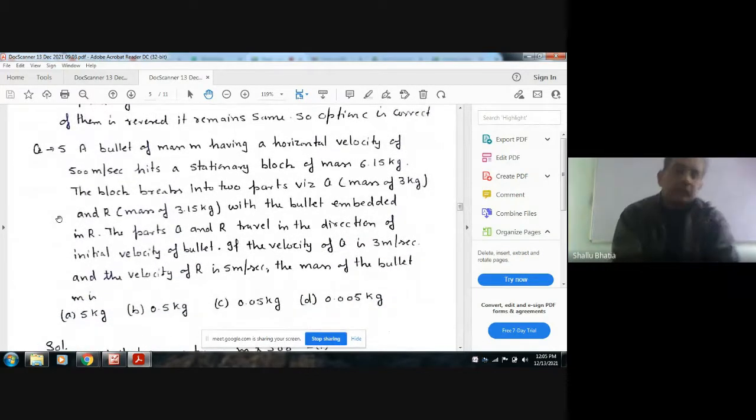Next, a bullet of mass m having a horizontal velocity of 500 meters per second hits a stationary block of mass 6.15 kg. The block breaks into two parts, Q of mass 3 kg and R of mass 3.15 kg.